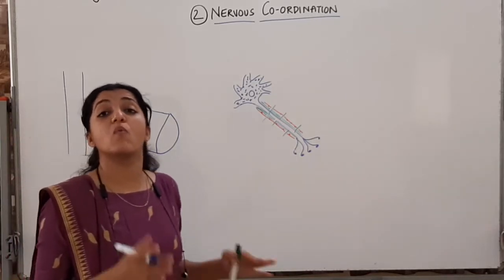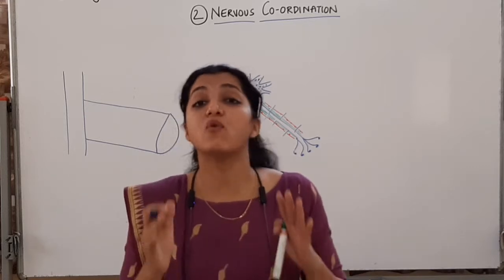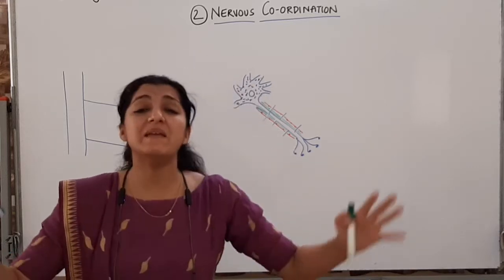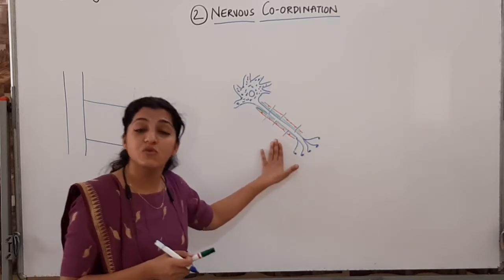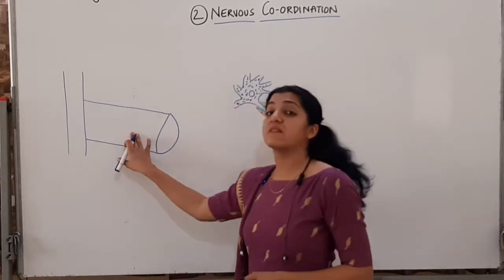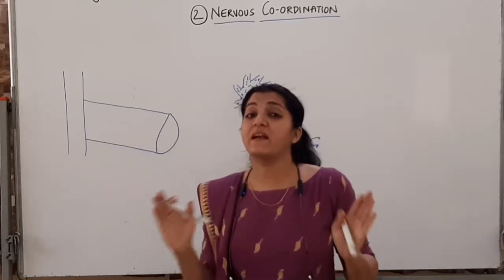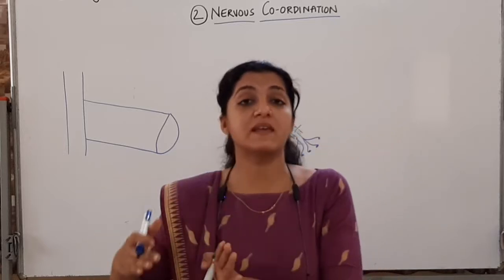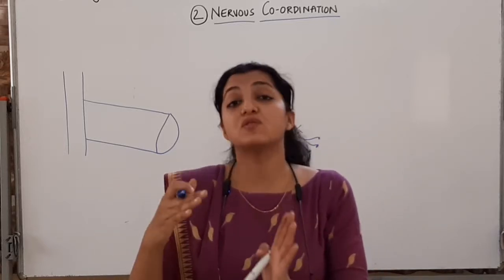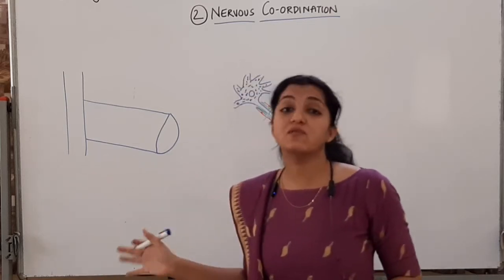ये एक nerve है. What is this nerve made up of? This nerve is going to be made up of many neurons together. ये जो neurons हैं, ये जो neurofibrils हैं, ये present रहेंगे nerve के अंदर. Do you remember हमने देखा था कि एक skeletal muscle से जब एक bone से attach होके skeletal muscle निकल रहा है, so it's going to have bundles of muscle fibers. Similar is the case over here.